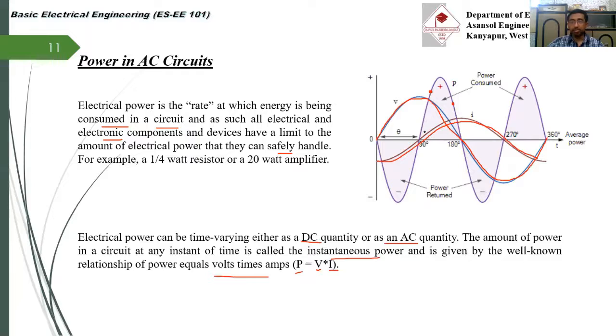Now, here, if a DC quantity is there, then DC means constant voltage and current is also constant, correct? So just V into I will give us the constant power, just like this.